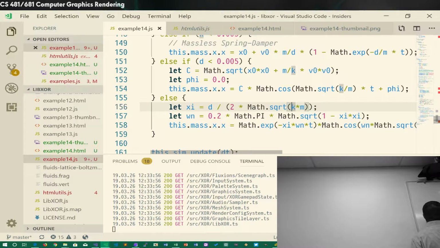So we have Z equals D over 2 times the square root of K over M. Basically we want to pick 1 equals that, so we need 4 D squared K over M. So then 4M equals D over K.